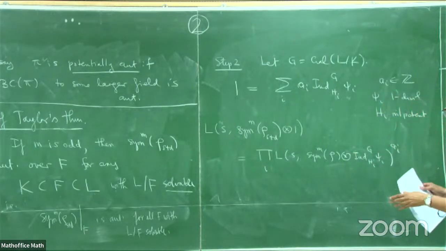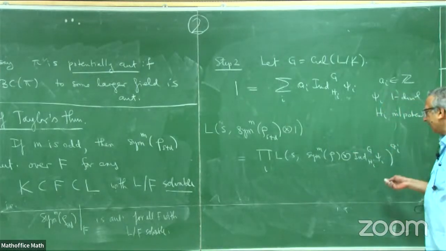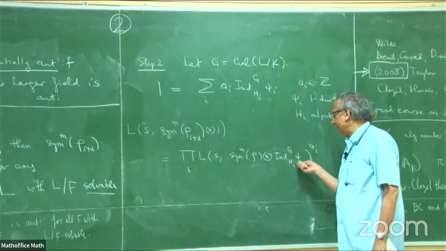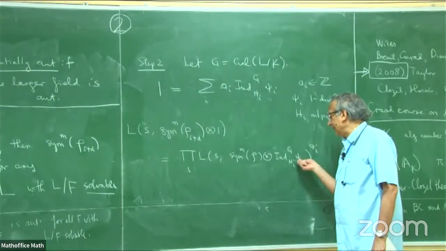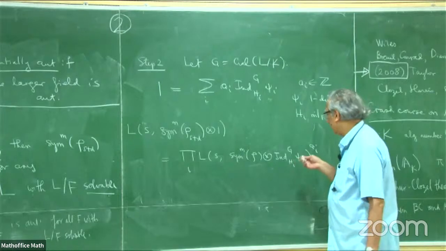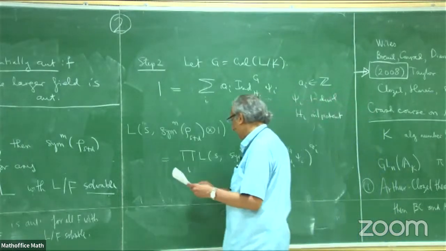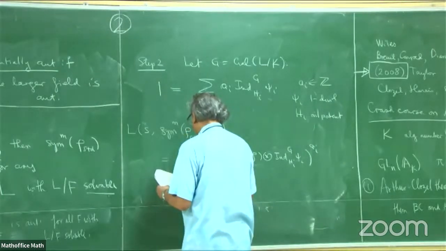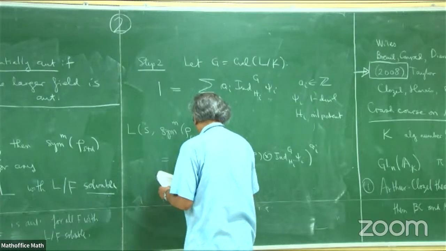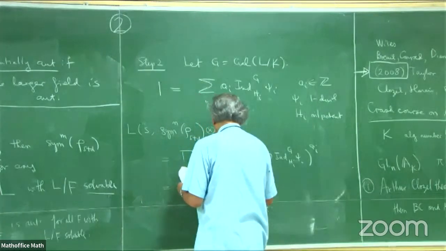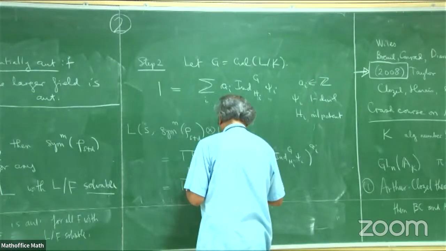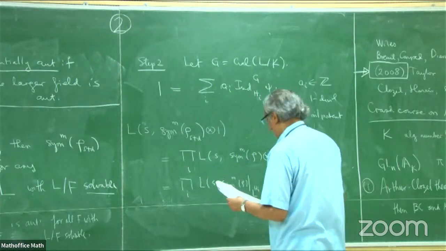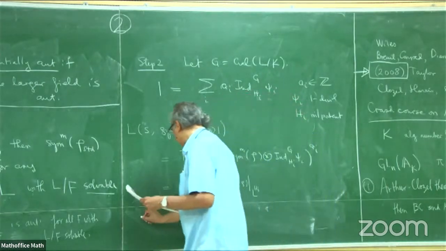Now, the interesting thing is the Artin reciprocity law tells you that if I have a one-dimensional character, it's automorphic. So we can go back and apply two things. Here I'm applying what's called Frobenius reciprocity.